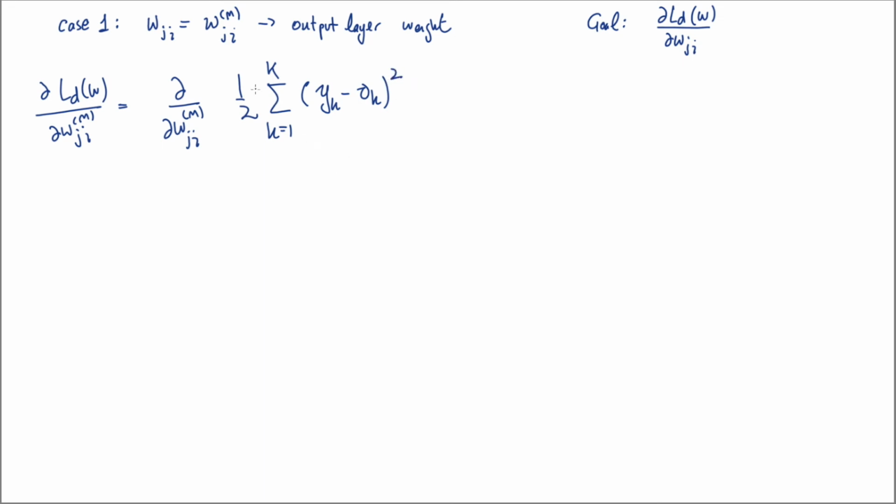Note that I'm not summing over data points anymore, because this is stochastic gradient descent and I'm looking at a single data point, so there's nothing to sum over. If I had multiple data points, nothing really changes. I would just start summing over multiple data points, but the rest of the calculation doesn't change.